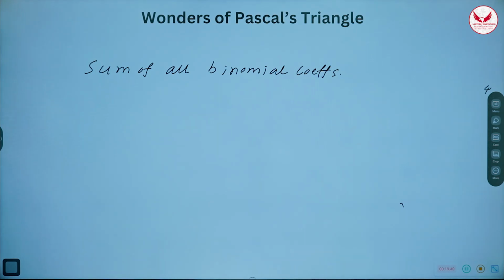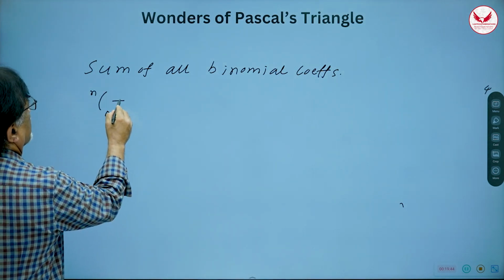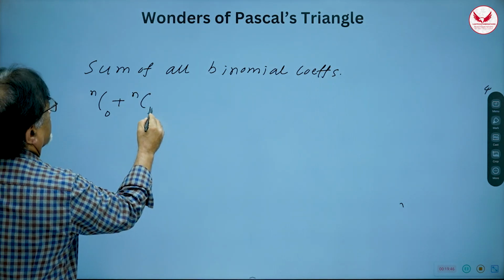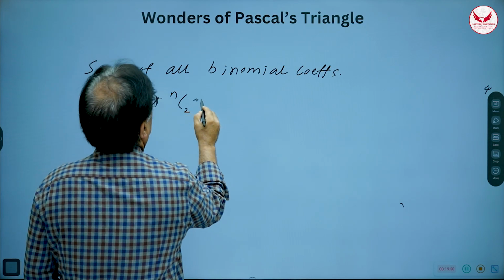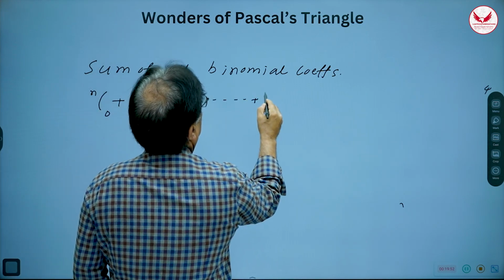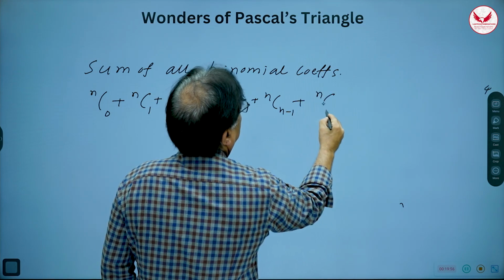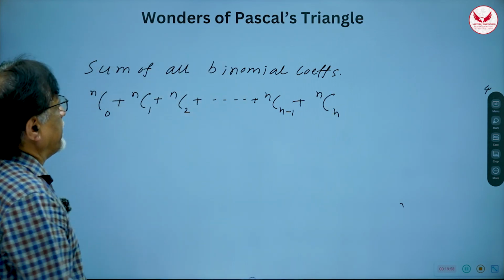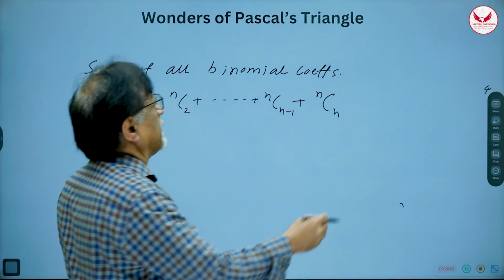So the sum of binomial coefficients I want to find out: that is nC0 plus nC1 plus nC2, and this goes on till I reach nCn minus 1, and the last will be nCn. I want to find out what the total is.